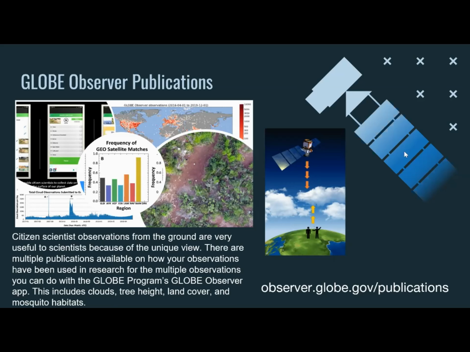There are multiple publications available on how your observations have been used in actual research for multiple observations that you can do within the GLOBE program's GLOBE Observer app, which you just downloaded. This includes, as was mentioned, cloud, that's the most important one, or at least I guess we're a little bit biased on that one, tree height, land cover, and mosquito habitats.